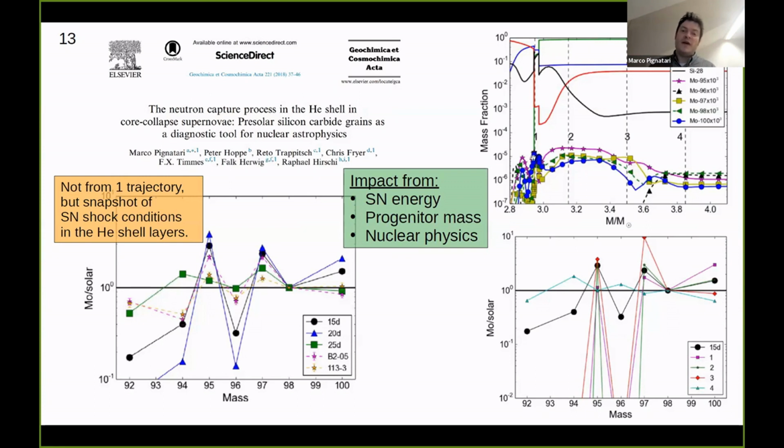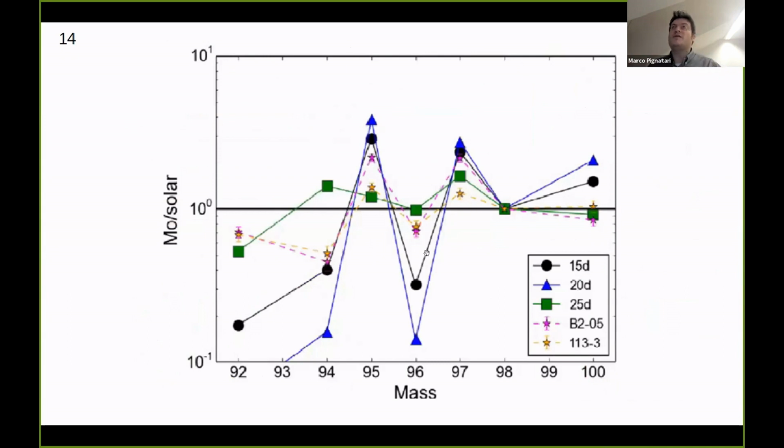So we have a shock wave hitting the bottom of the helium shell and proceeding. When we do the simulations, there is hydrogen of zone calculated at the shockwave passage, and some zones are enriched in molybdenum 100, some are enriched in molybdenum 95, some enriched in molybdenum 97. What we obtained here, I just zoom in, is the models compared with the presolar grains.